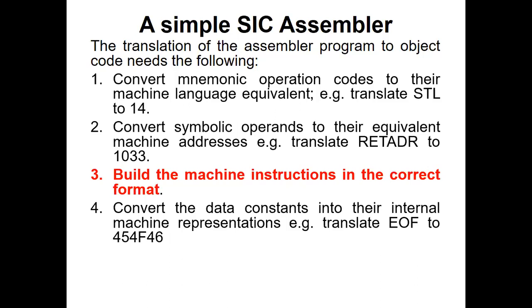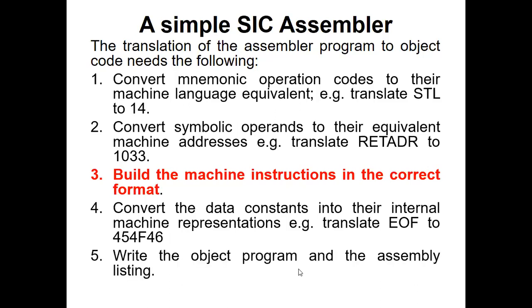The data, you find its machine language equivalent, like those characters E or F, they are 4-5, 4F, 4-6. And then the last thing is to write the object program and the assembly listing.